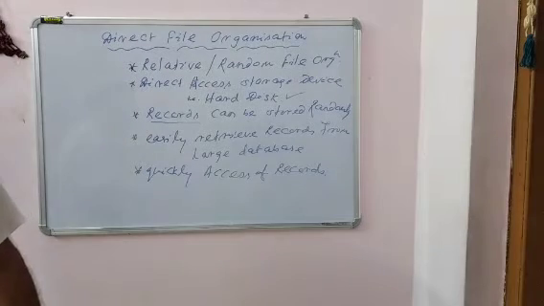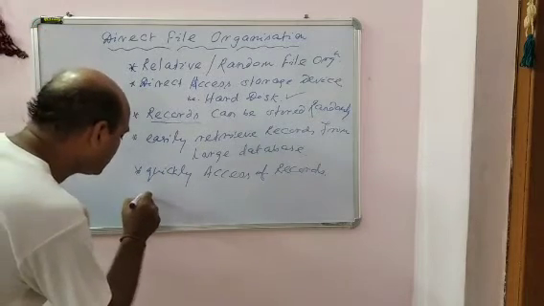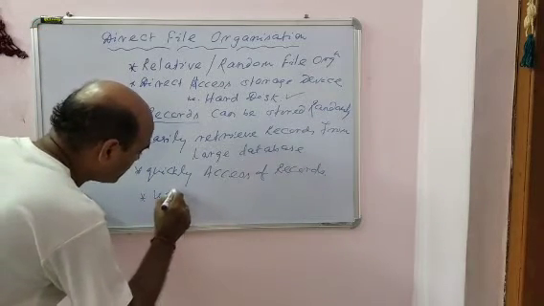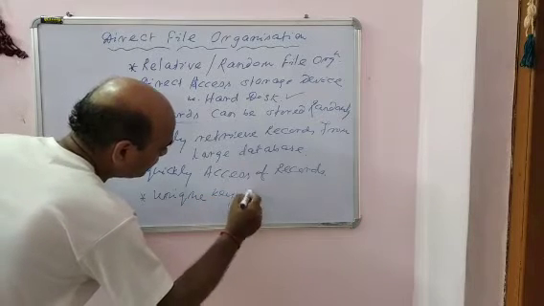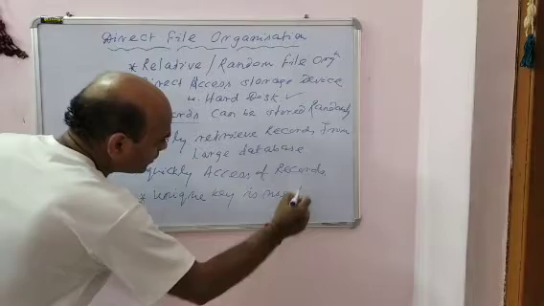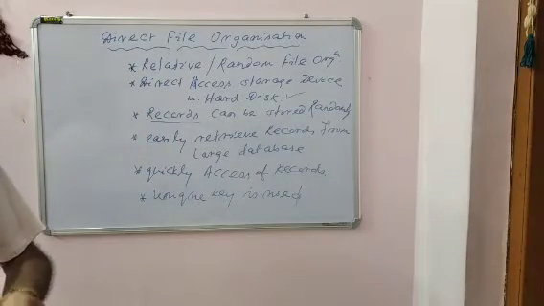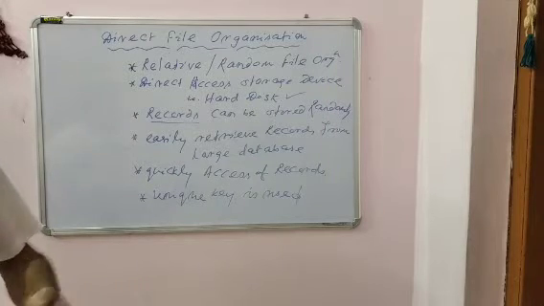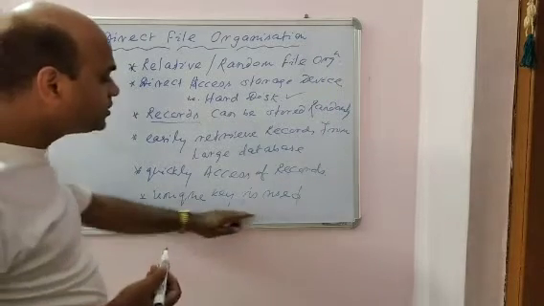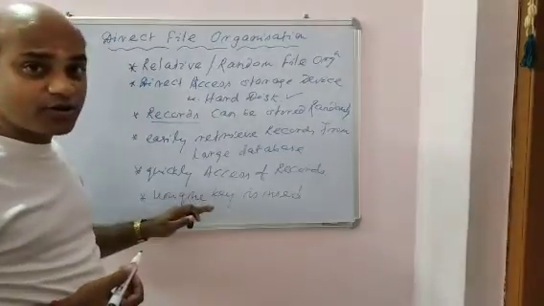In this method one unique key is used to organize the files, and that is converted directly to the memory address. This unique key is converted to a memory location or memory address by using a hash function, as we learned in the previous video class.